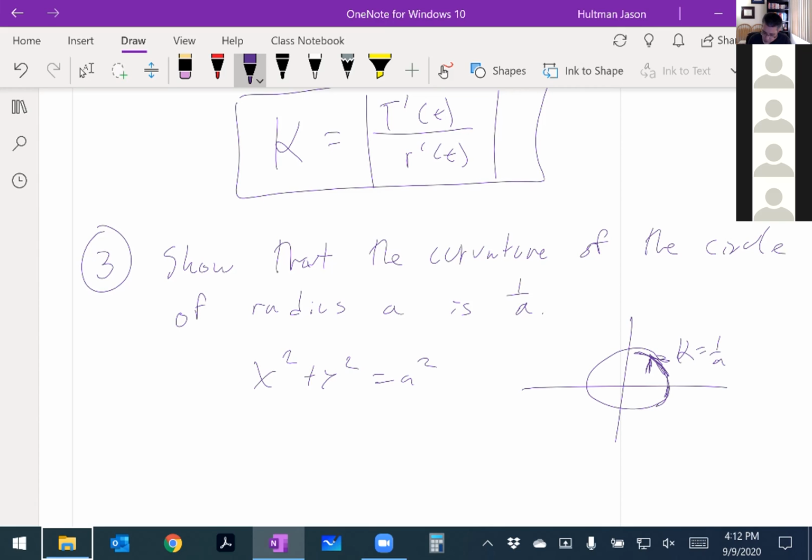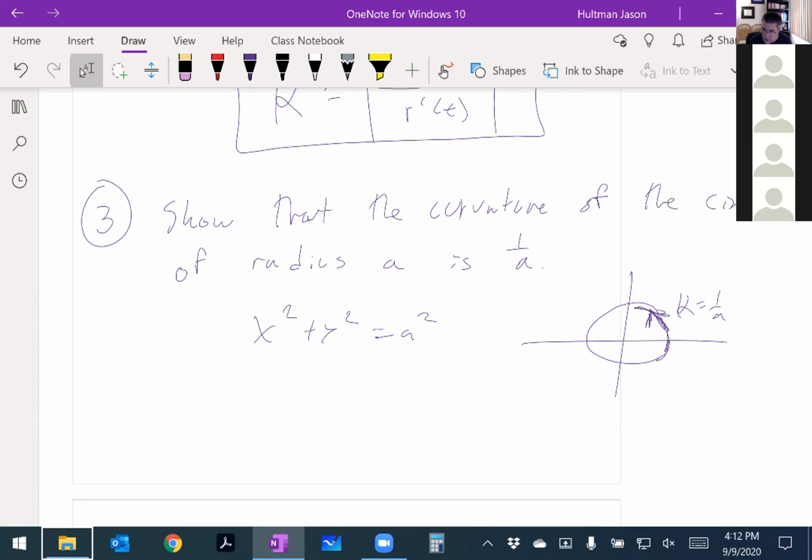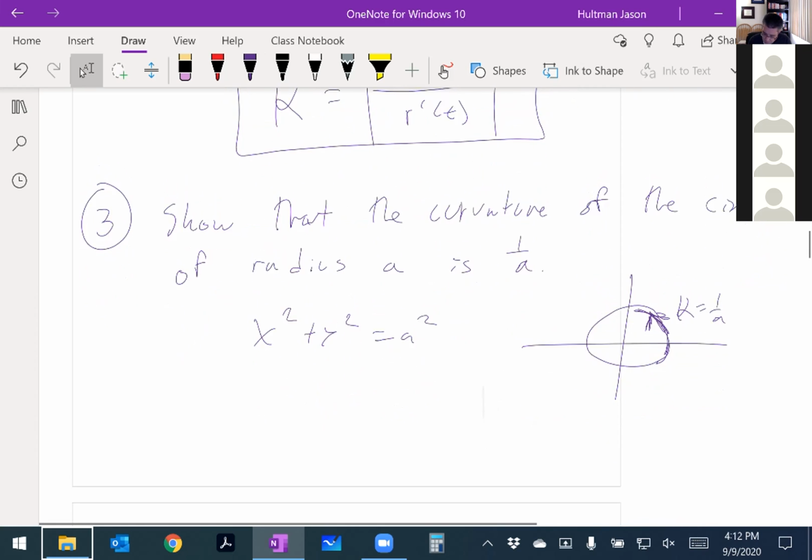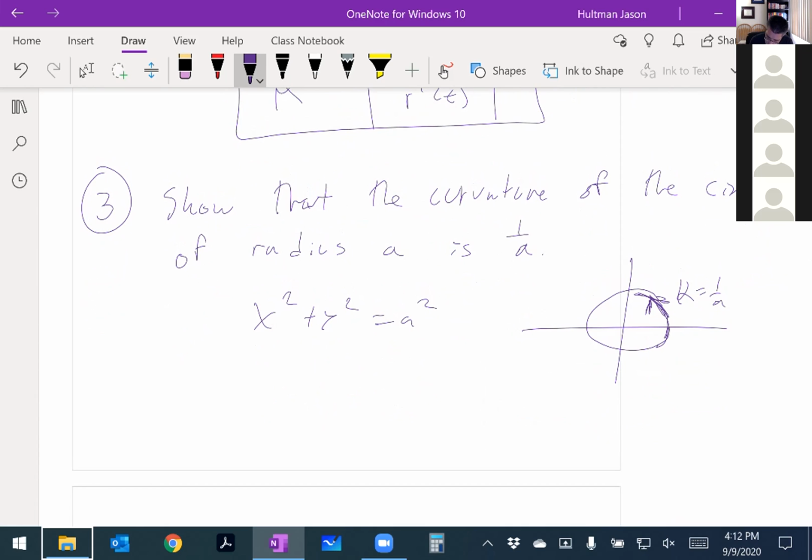So let's parameterize this in terms of the parameter t. How do we parameterize a circle in terms of another parameter? Well, choose sines and cosines. So x equals cosine t, y equals sine t.